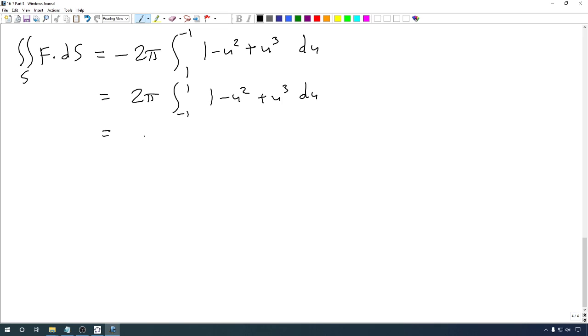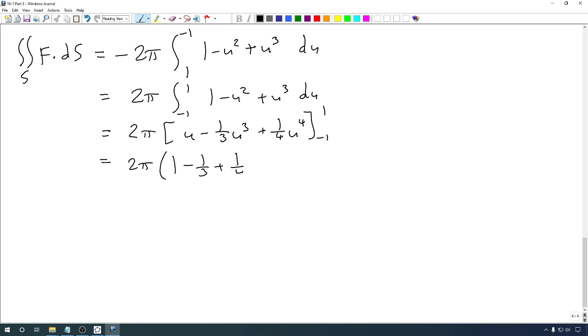And now it's actually a pretty straightforward integral. We integrate 1 minus u squared plus u cubed. That becomes u minus 1/3 u cubed plus 1/4 u to the 4th from negative 1 to 1. When we plug in 1, we end up with a 1 minus 1/3 plus 1/4. Then we plug in negative 1.